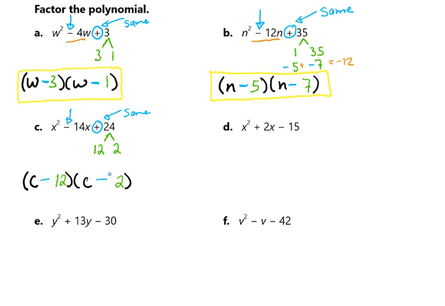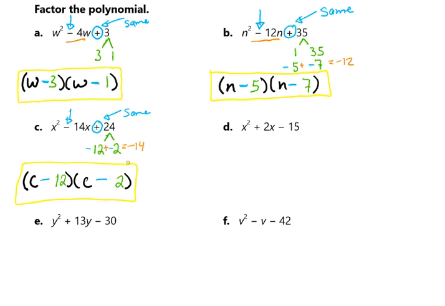So we have x minus 12 and x minus 2, and we can double check simply by putting our negative signs there and adding them, and we see that that in fact gives us the negative 14 that we need. And so these are our factors of x squared minus 14x plus 24.